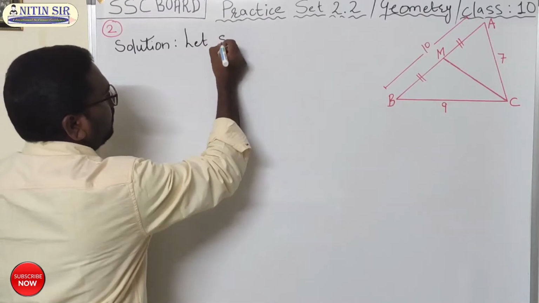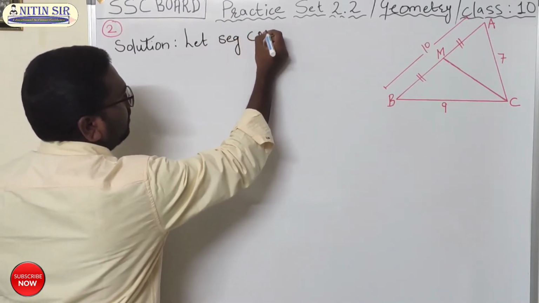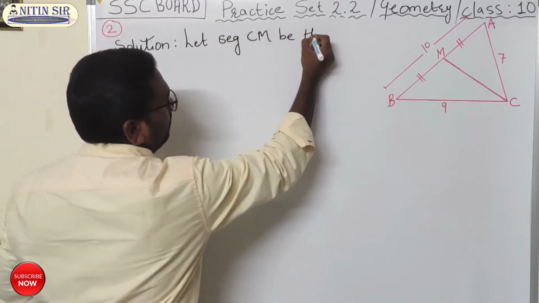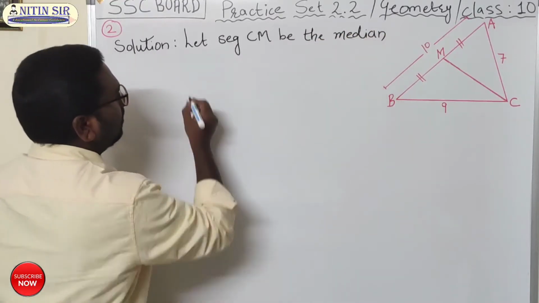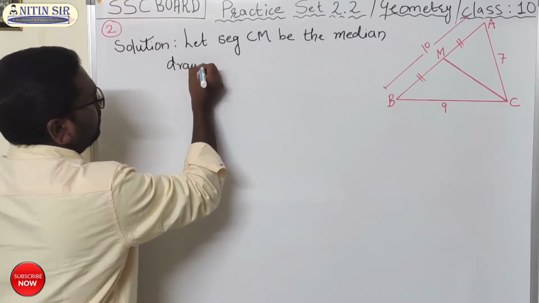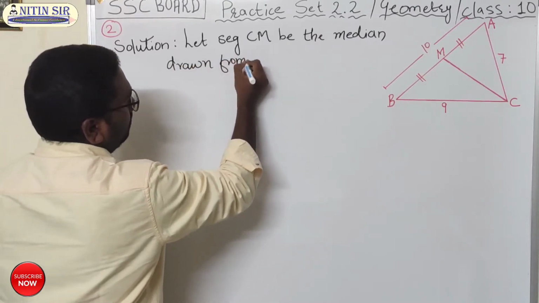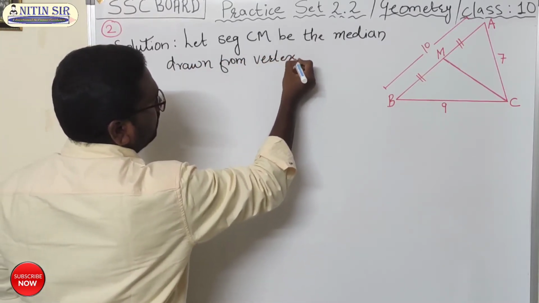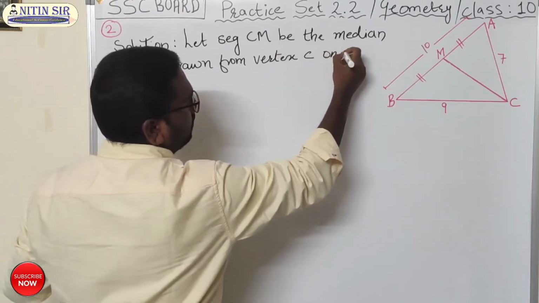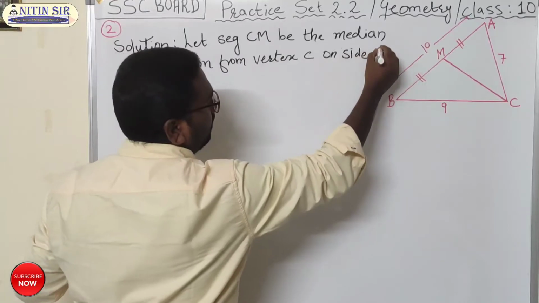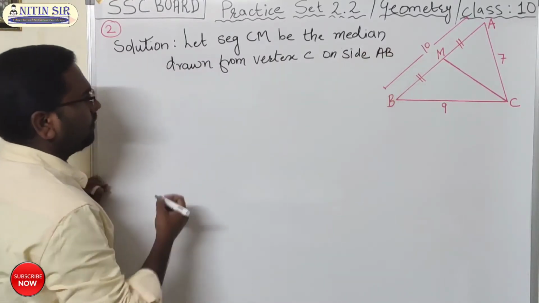Let segment CM be the median drawn from vertex C on side AB.